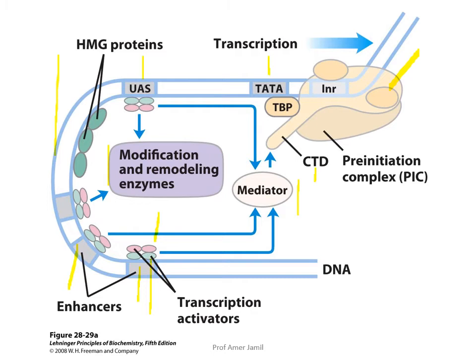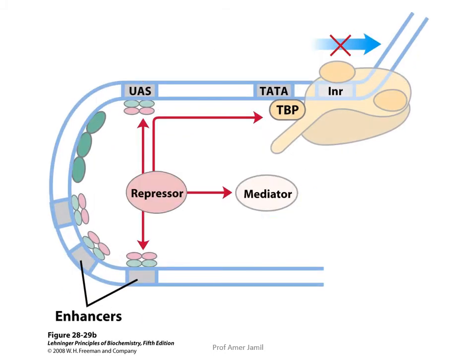The activators communicate with the mediator proteins, which ultimately ask the RNA polymerase factors to bind and initiate transcription. In the case of repressors, although there are not many in eukaryotes, those that exist inactivate the activators, and they may interact with the mediator or with the general transcription factors to stop transcription.